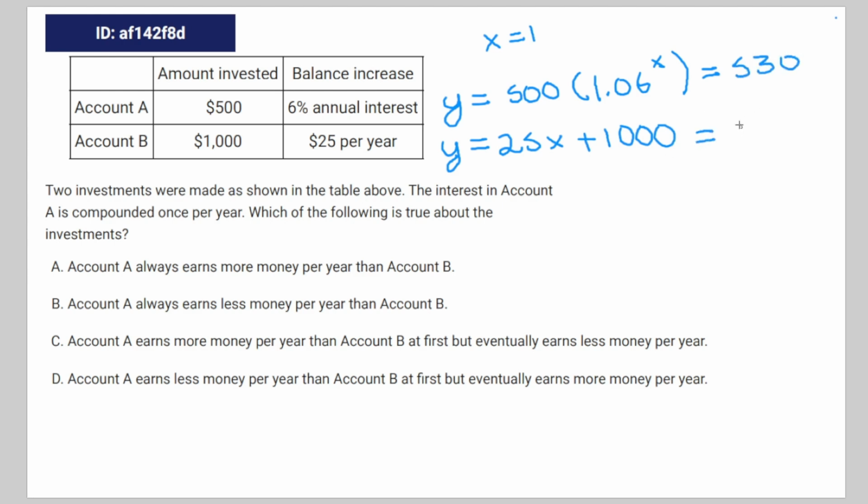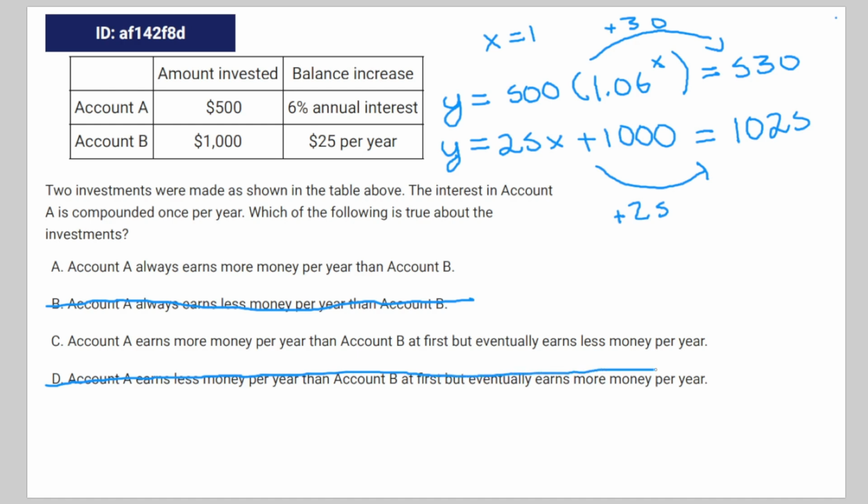And the bottom function would be equal to 1,025. So the bottom function increased by 25, and the top function increased by 30. So we see just in the first year, account A is making more money. Therefore, B can't be correct. And C and D can't be correct.